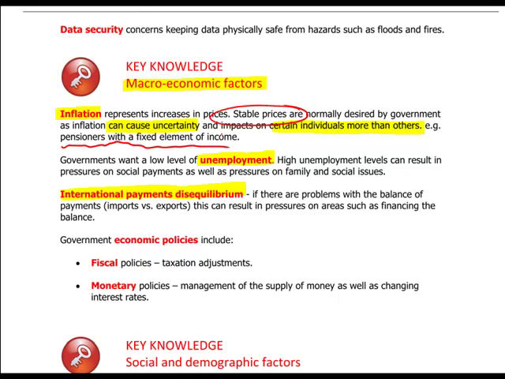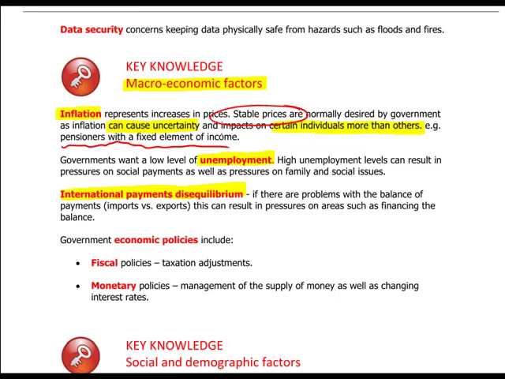The next concept, unemployment: the number of people without a job in that country. High unemployment levels can be problematic because there can be pressures on social payments, such as unemployment benefits.